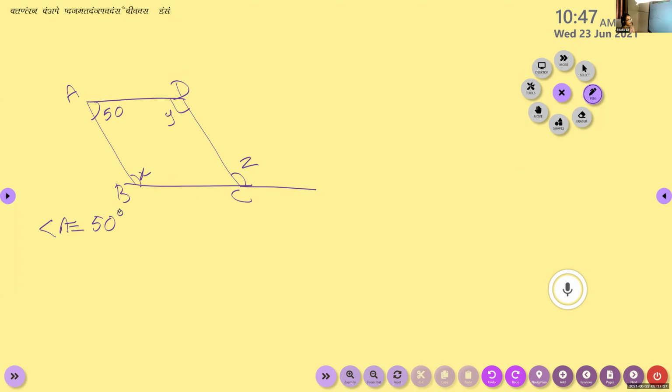What can we do first? Angle y equals 130 because of adjacent angles. Yes, so we can write angle y equals 180 minus 50, 130 degrees.